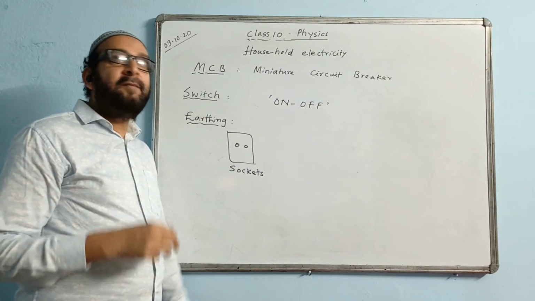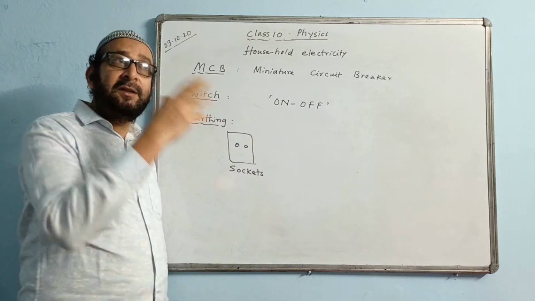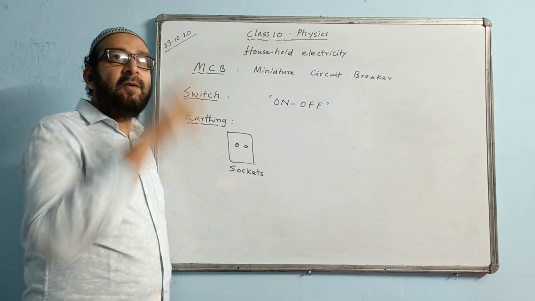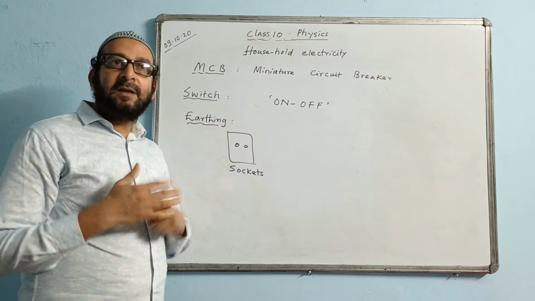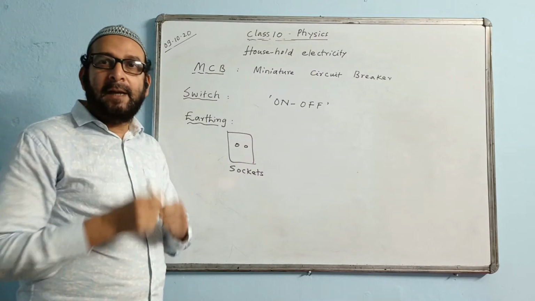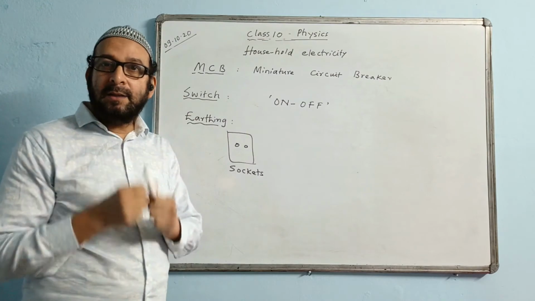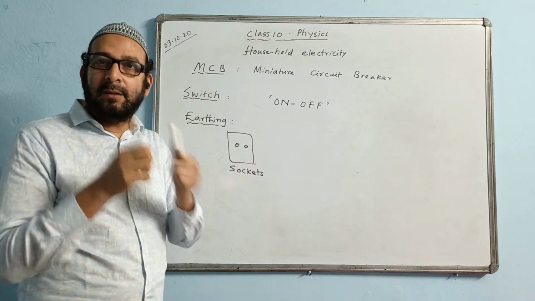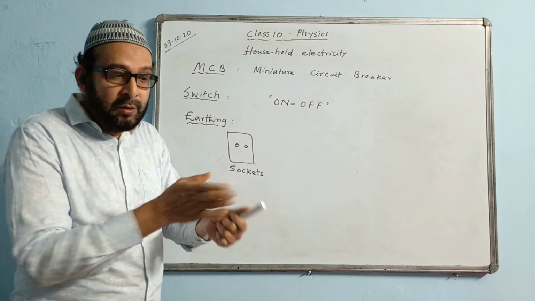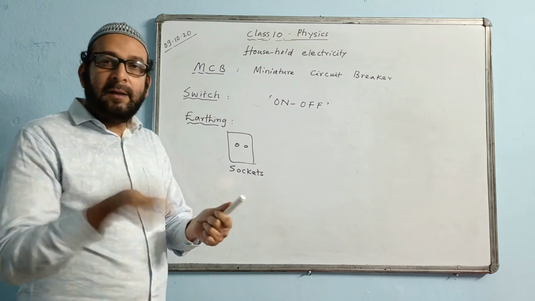For example, when we are using a fan or a tube light, earthing is not needed because we hardly touch them. So this kind of appliance need not be earthed. Very often they ask this question: which part of the appliance is earthed? We say the metallic part of the appliance is earthed, only the metallic portion. Because when you touch it, the current is running through the metal, and that is a very high, large current, so you may get a shock.